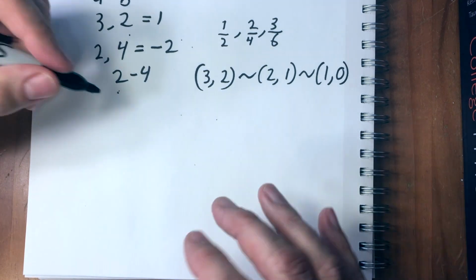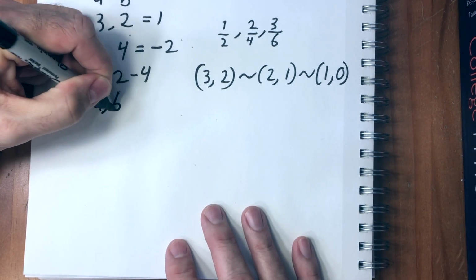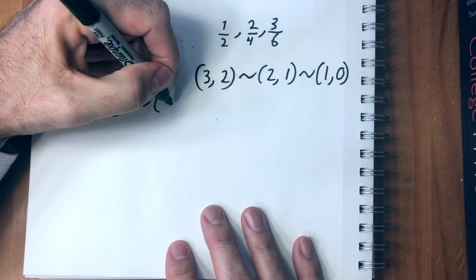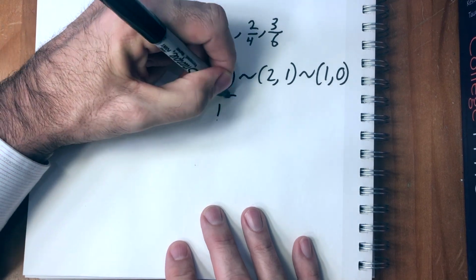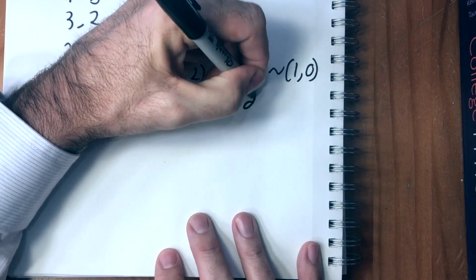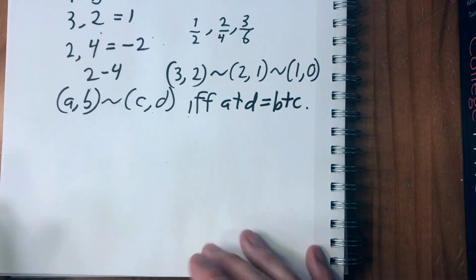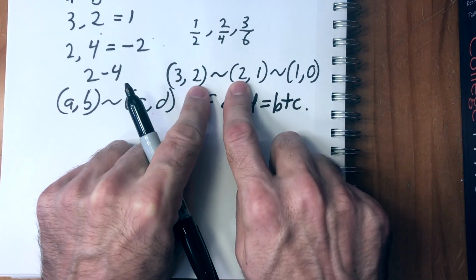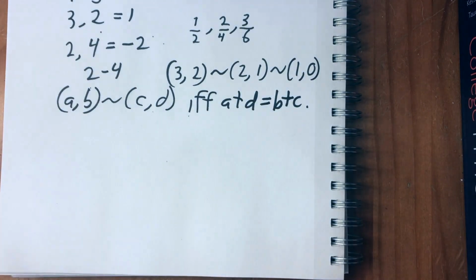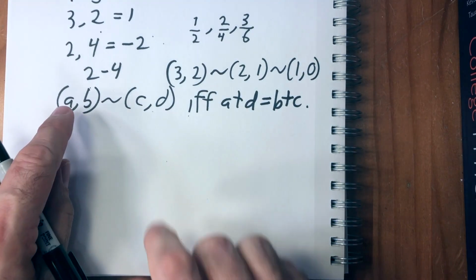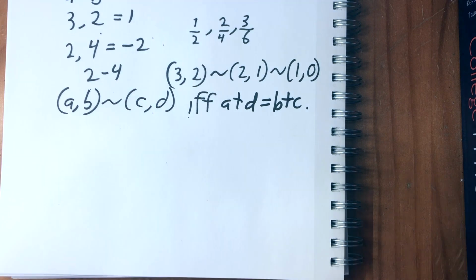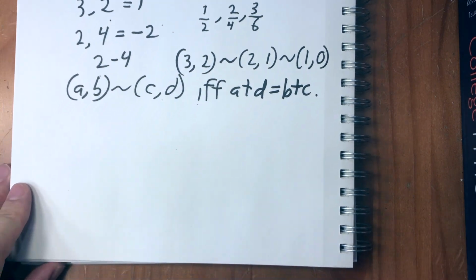So we say that (a, b) is in the same equivalence class as (c, d) if and only if a plus d equals b plus c. Okay, and you can see that here that would be true, right? 4 plus 4, 2 plus 2, and so on. So if a plus d equals b plus c, then they represent the same integer.